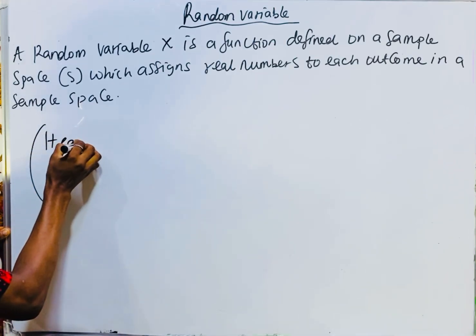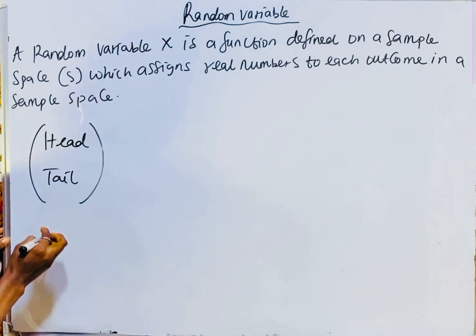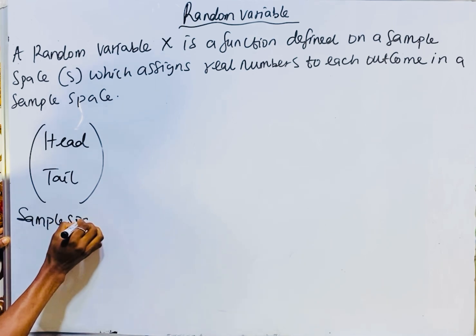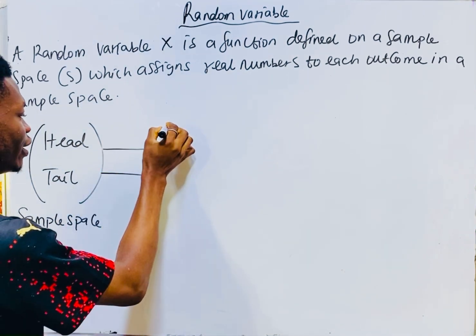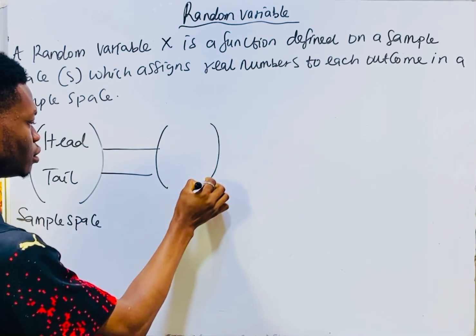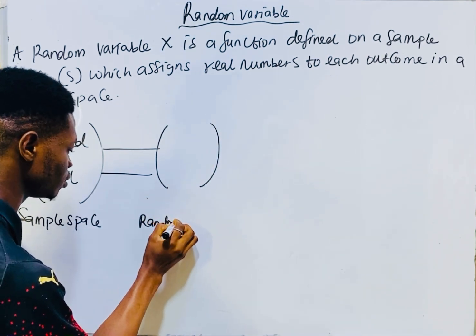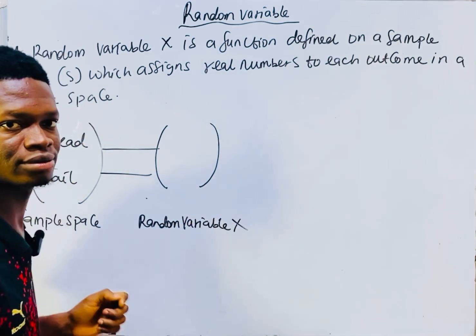So for example, I have my sample space. I have a head and a tail. Hope you can see it. So this is my sample space, and I have a random variable x.